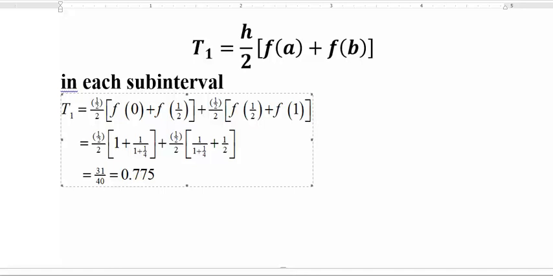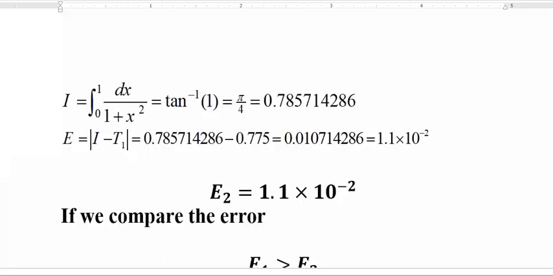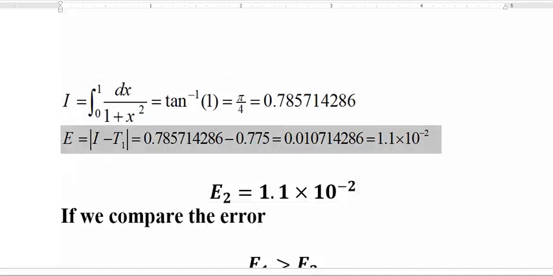If we evaluate the exact solution, the error here is 1.1 times 10 to the power minus 2.